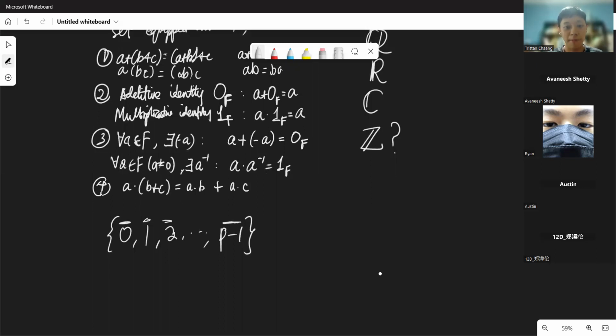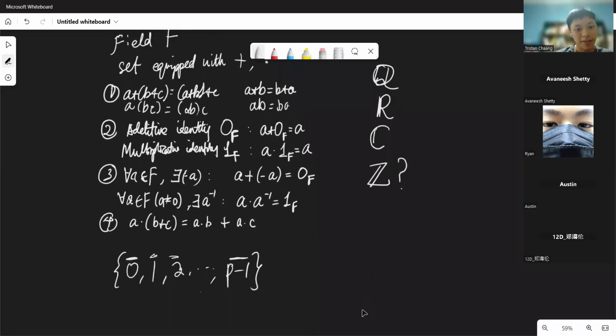We're talking about mod p numbers now. So now, for example, p minus 1 plus 2 is now 1, but of course with the bar on top. So these are like completely new objects that interact in a very different way compared to the integers.